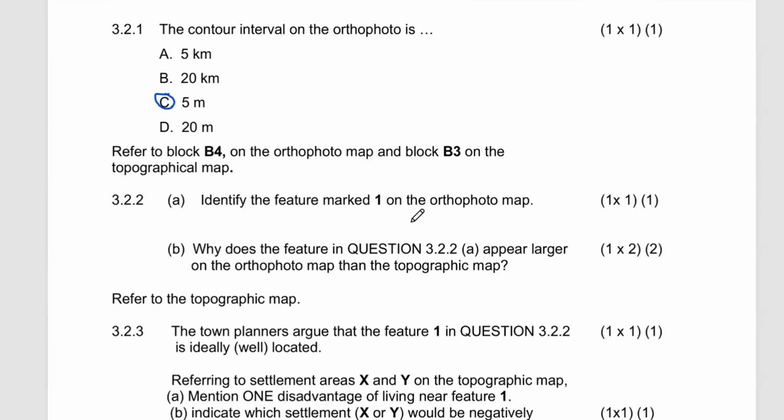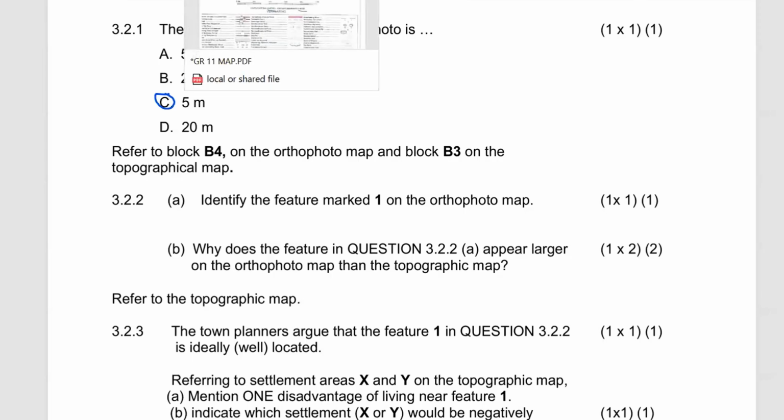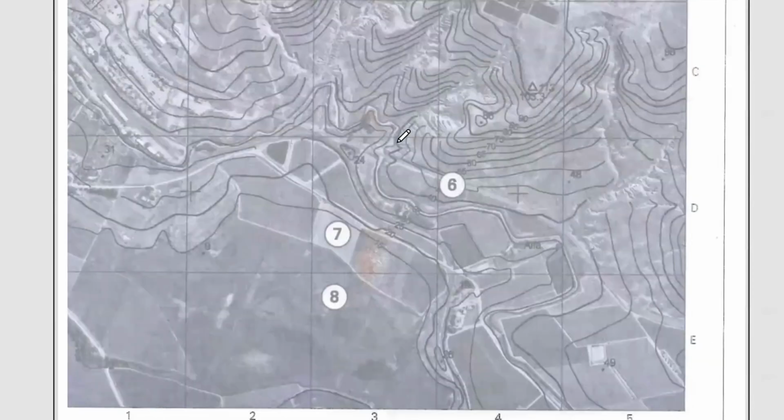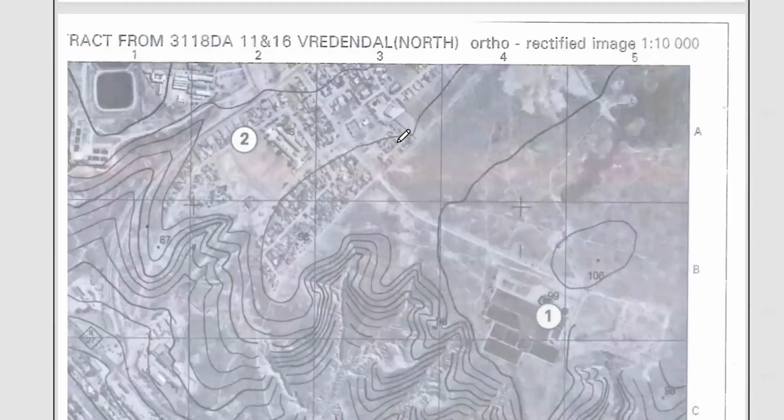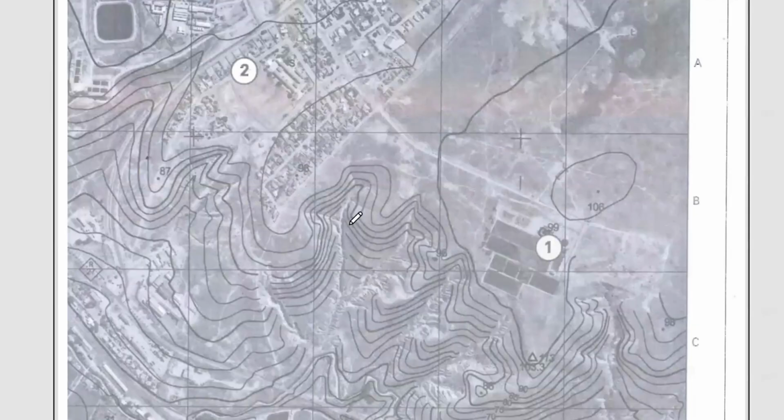Refer to block B4 in the orthophoto map and block B3 in the topographical map. So we want B4 and B3. B4 in the orthophoto, 1, 2, 3, 4, is this feature here.